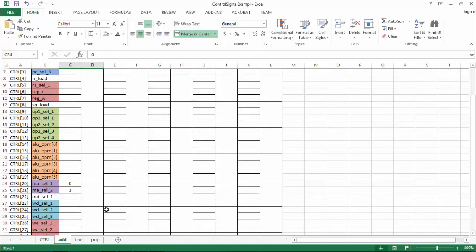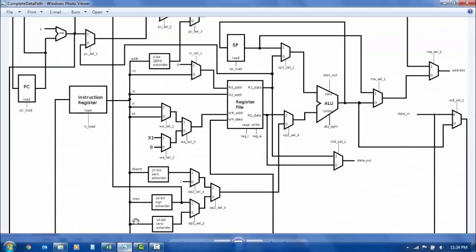But there are a couple of things. Whenever there is a sequential element, like in this data path we have the program counter, the instruction register, the stack pointer, and the register file, we make sure that we are not putting a state of writing for those sequential elements. So that means we need to keep PC load as 0. We don't want to overwrite the PC at this point. We don't want to overwrite the IR load, the instruction register, at this point.